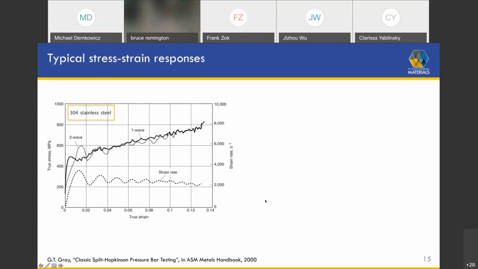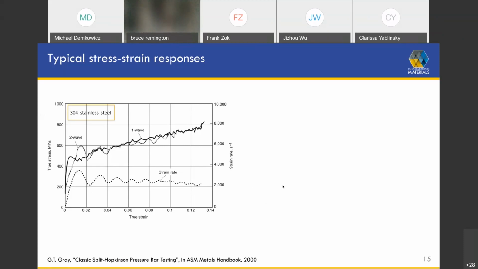Now, if you make the bars smaller, you reduce the magnitude of these kinds of oscillations, but you of course run the risk of not being able to transmit enough force to your sample.